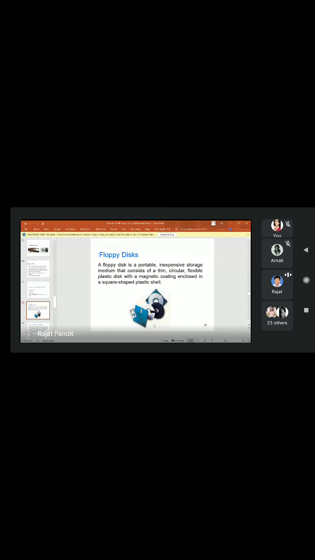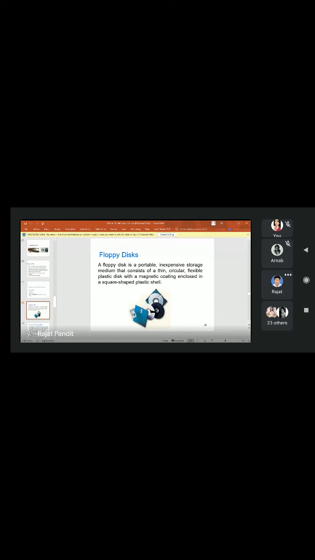So you see, this is the floppy disk. The square shape thing is basically the floppy disk, and inside this floppy disk, you will see some circular plates. Okay, so the black one is basically the magnetic disc. Okay, so here the magnetic tape, here the information is stored. That is coated, put into the square shape plastic coating.